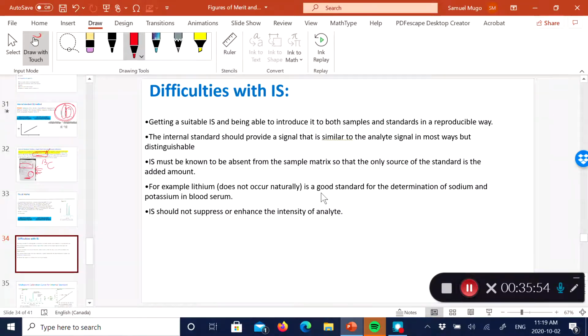If you cannot get the isotopic label of the internal standard, then the next best option is for you to use an isomer, a structural isomer, of your analyte. Okay, so if you cannot get an isotopic label, then go with a structural isomer.